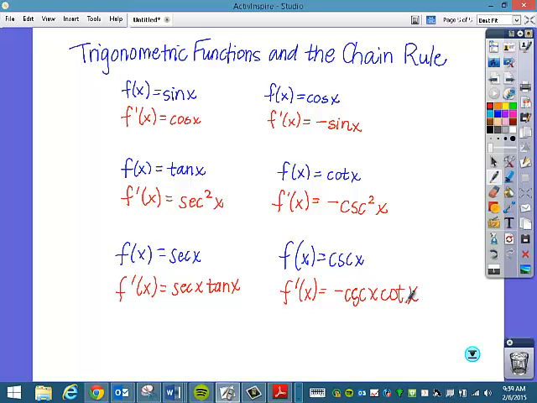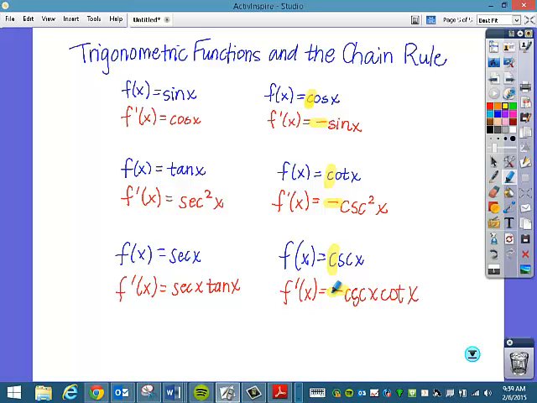So these are just things that you have to memorize, maybe make some flashcards to practice. But one trick is, if you notice, all of the trig functions that start with the letter C, the derivatives are all negative. So the ones that start with the letter C have negative derivatives.